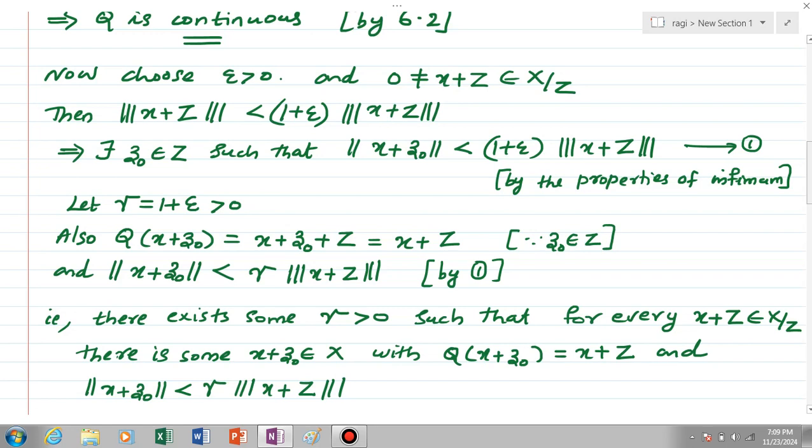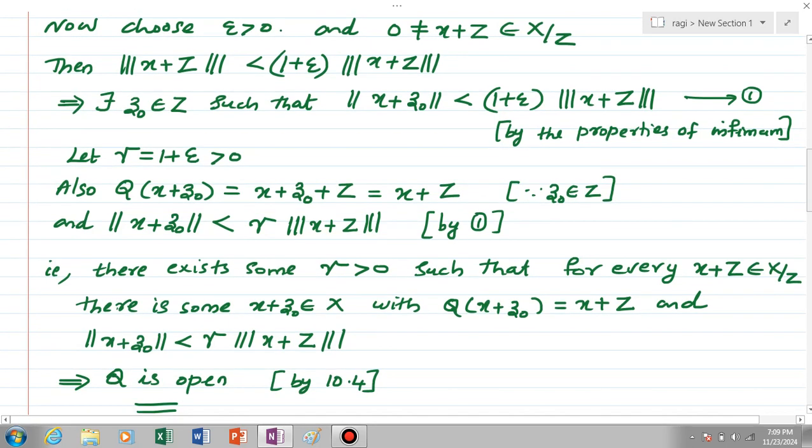That is, we have arrived at the conditions of theorem 10.4: there exists some gamma greater than 0 such that for every x plus Z element of X by Z there is some x plus z0 element of capital X with Q of x plus z0 equal to x plus Z, and norm of x plus z0 is less than gamma into the triple norm of x plus Z. So by theorem 10.4 we can say that Q is open.